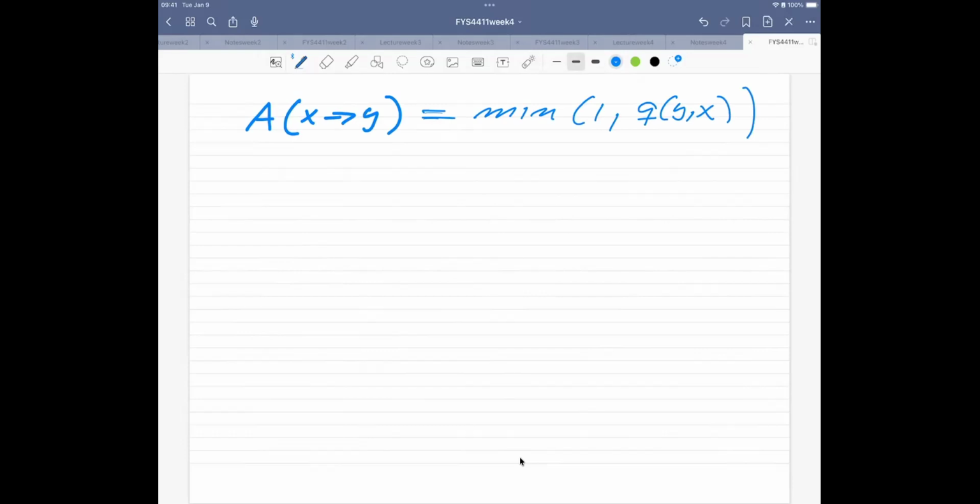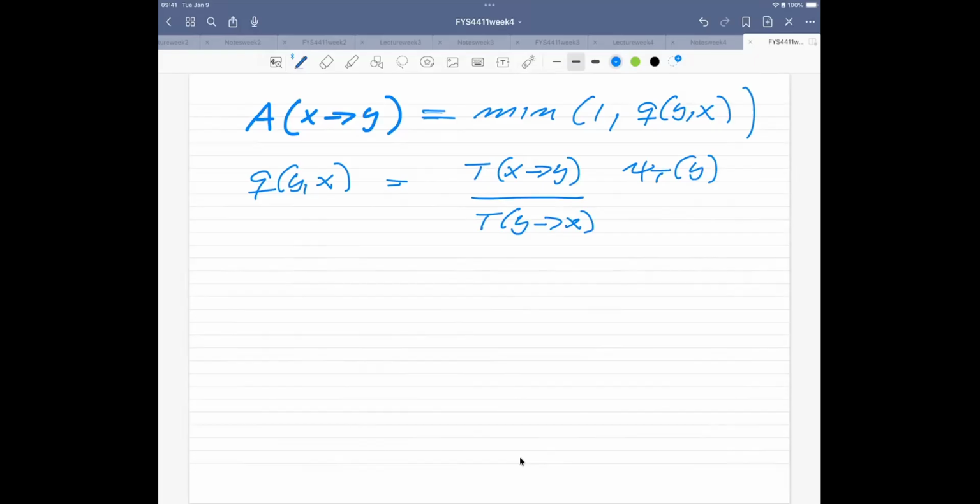And this quantity q of y of x is defined in terms of these transition probabilities, t of x going to y, and then t of y going back to x. And this is then multiplied with the trial wave function in the new position, y, squared, divided by the wave function in the previous position, given by x.